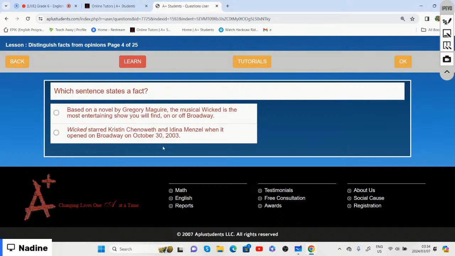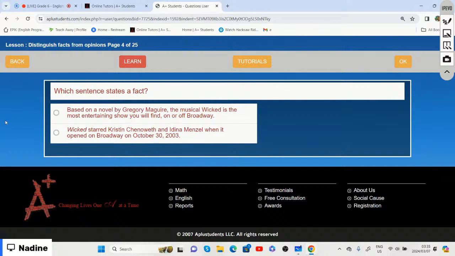All right. So based on a novel by Gregory Maguire, is it Maguire? The musical Wicked is the most entertaining show you will find on or off Broadway. Wicked starred Kristin Chenoweth and Idina Menzel when it opened on Broadway on October 30, 2003.